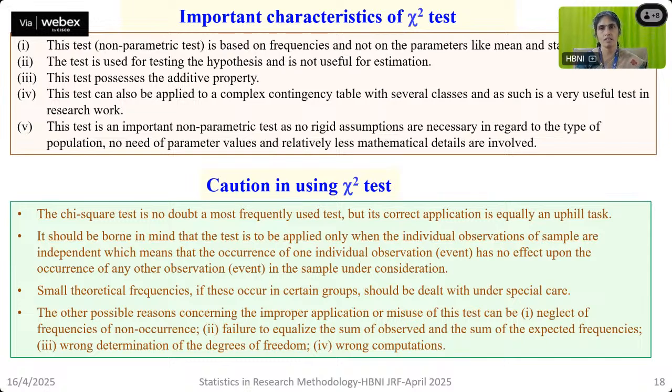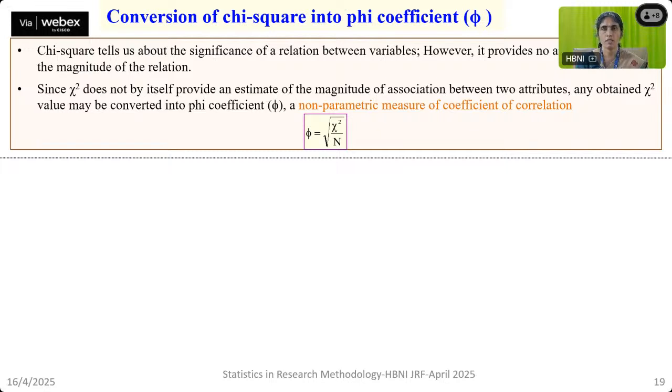If you are not getting that, there definitely is some mistake. You have committed some mistake. That way, you can have a self-check also. Then be careful while doing the determination of degrees of freedom and writing down the computation in their calculation also. If at all there is anything wrong in the computation, your final assumption, final conclusion also will go wrong.